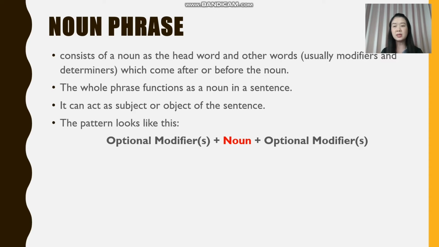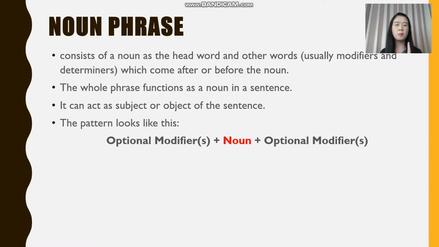A noun phrase consists of a noun as the head word, and then we add other words to that noun to make it bigger, to make it a phrase. They usually use words called modifiers, or probably determiners, and these can be before or after that noun. The whole phrase functions as a noun in a sentence.